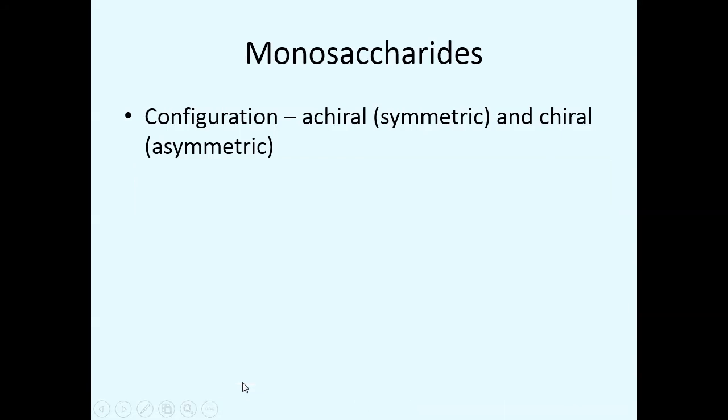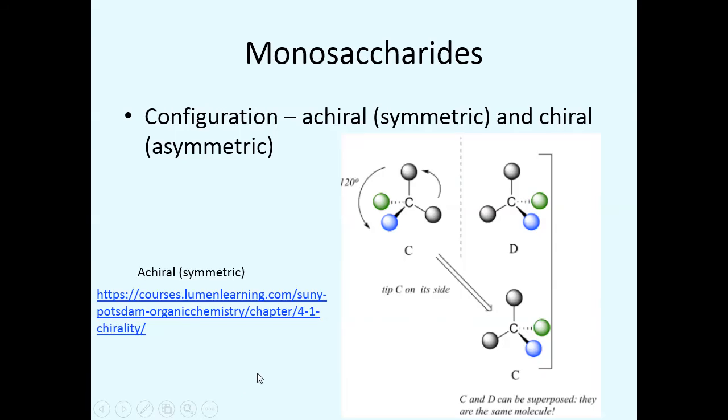Now let us look at the atoms of a molecule. In this figure, a molecule labeled C is shown. The molecule has a central carbon atom to which 2 different groups are attached, represented in blue and green color.